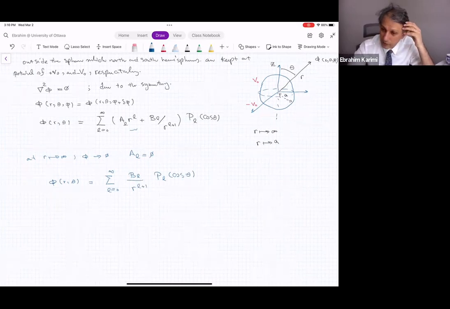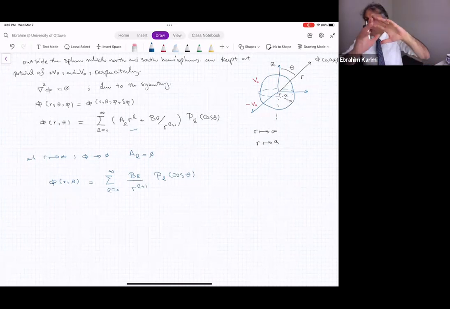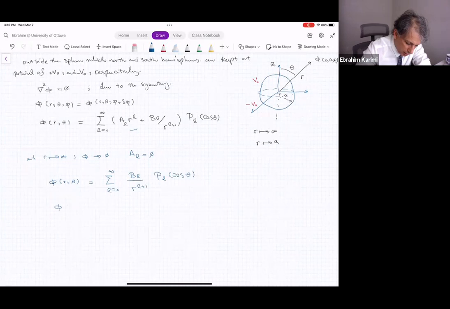Now, in order to find out the value of BL, we have to look at the other boundary condition, which is what is happening at the surface of the sphere. So look for the potential at R equal to A. Let me write it explicitly: at R equal to A, and any theta value.